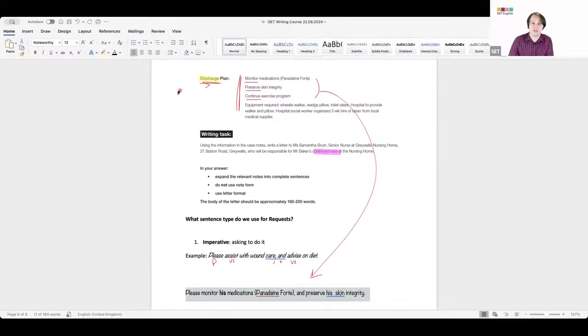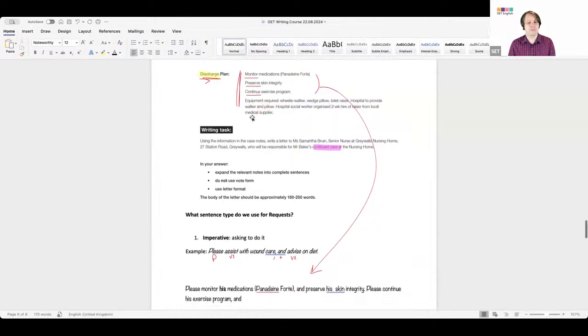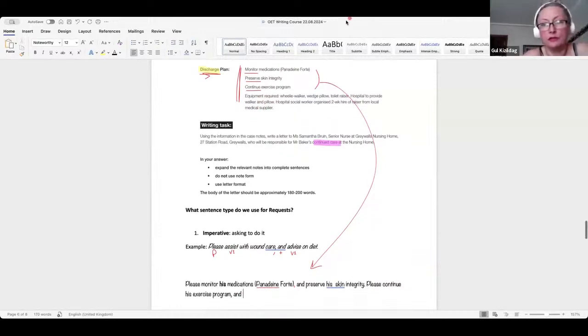Okay. And then the next sentence. What do I say in the next sentence? Look at this. What if I say, please continue his exercise program, comma, and, guys, what can I say here? Equipment required.